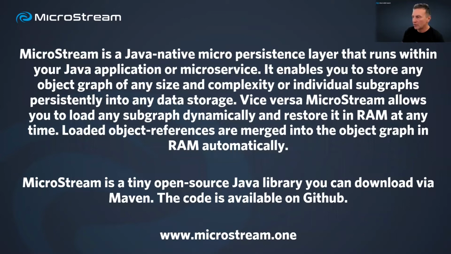And with MicroStream, you're able to load any subgraph, so you don't have to load the entire object graph, the entire state into the memory. You can really load individual subgraphs, object references when they're needed. So the loaded object references are merged directly into your object graph, so you don't have to deal with object copies.